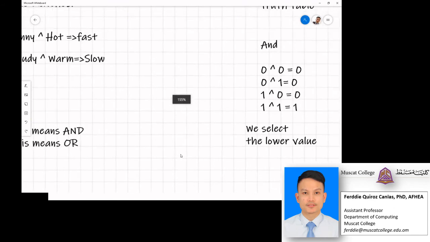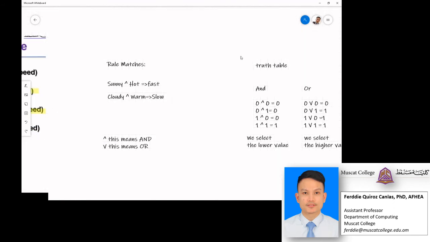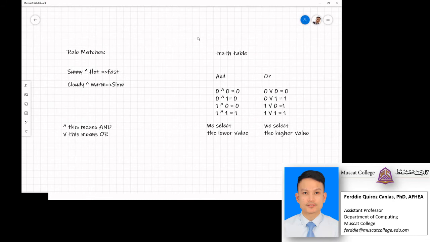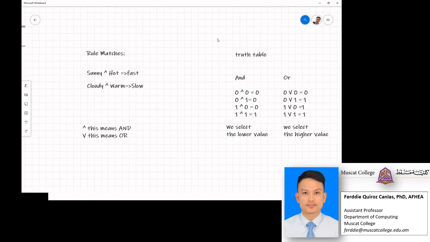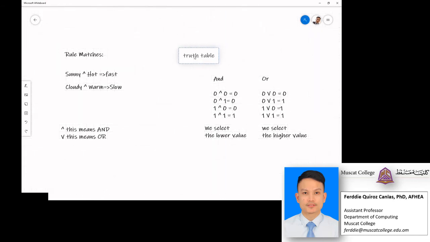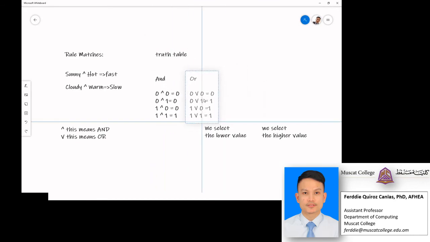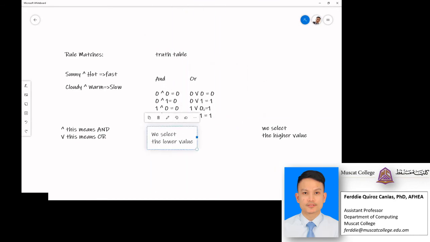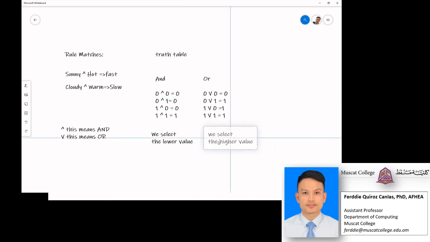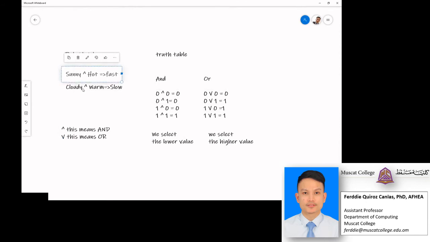Now, we're going to evaluate the values that we had earlier in the discussion. Using the truth tables that we've got here, we will try to evaluate the rule base. Let me just copy these two here.